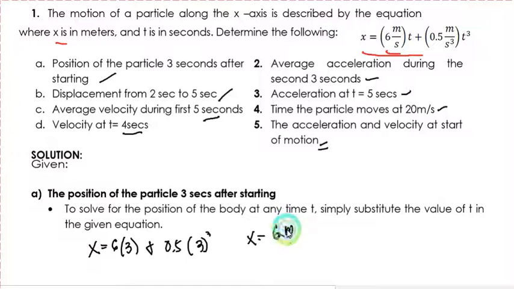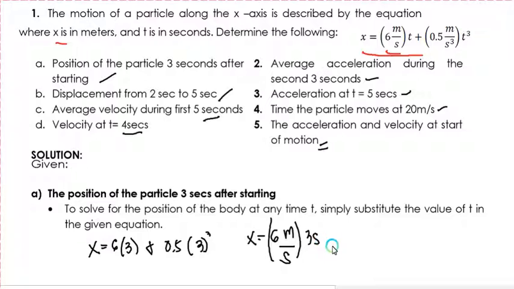So we have 6 meter per second. Then I have the values ng time natin which is equal to 3 seconds.